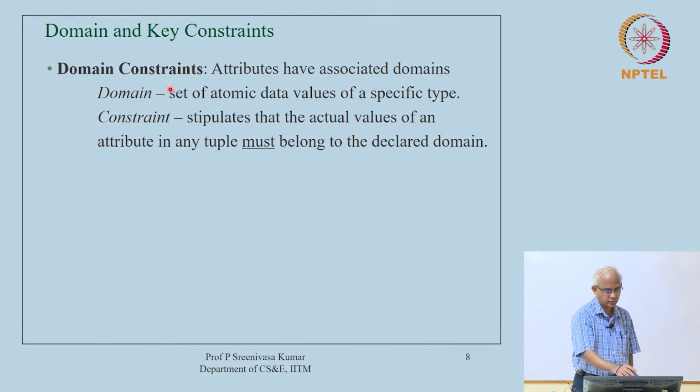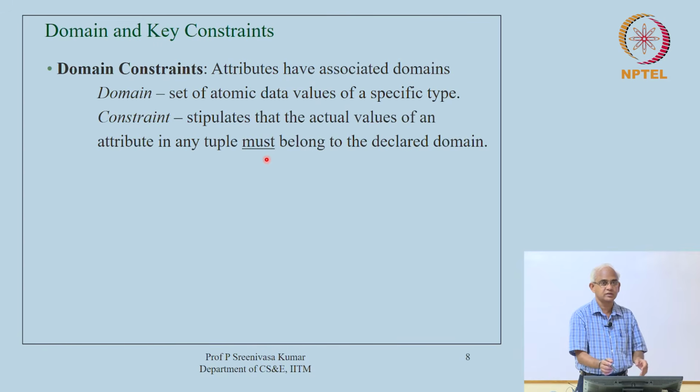So, the corresponding constraint basically stipulates that the actual values of the attribute must come from the domain. The data entry errors are often seen. Suppose you define a cell number as a string with exactly 10 digits, all numeric, that is it, right.